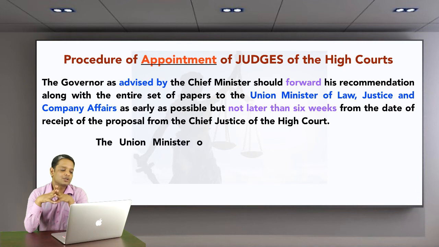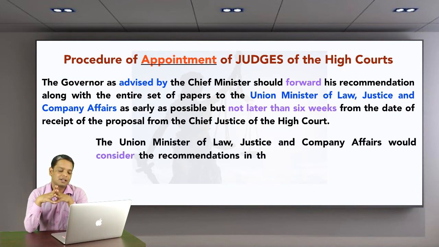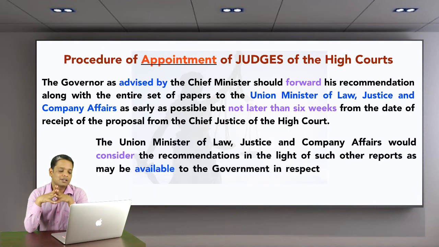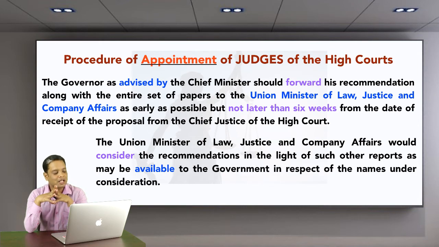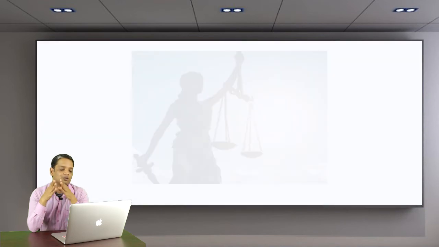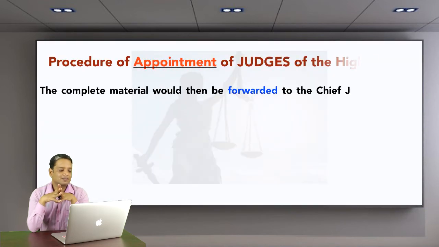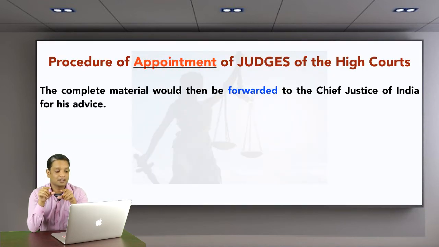Further, the Union Minister of Law, Justice and Company Affairs would consider the recommendations in the light of such other reports as may be available to the government in respect of the names under consideration. So, the Law Minister will also consider other information regarding the candidate before recommending the name to the Prime Minister. The next step is that the complete material would then be forwarded to the Chief Justice of India for his advice.